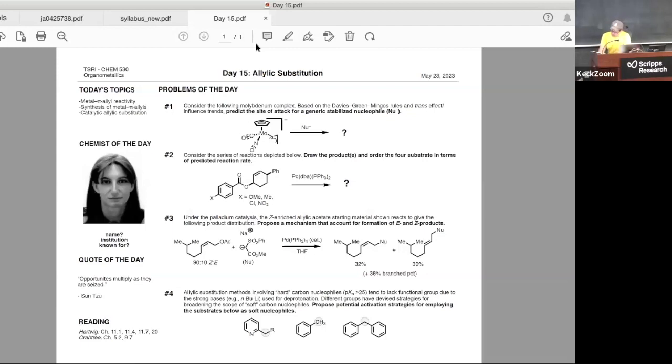As you'll remember, last time we discussed Wacker-type alkene additions to pi systems, with our specific focus on olefins.